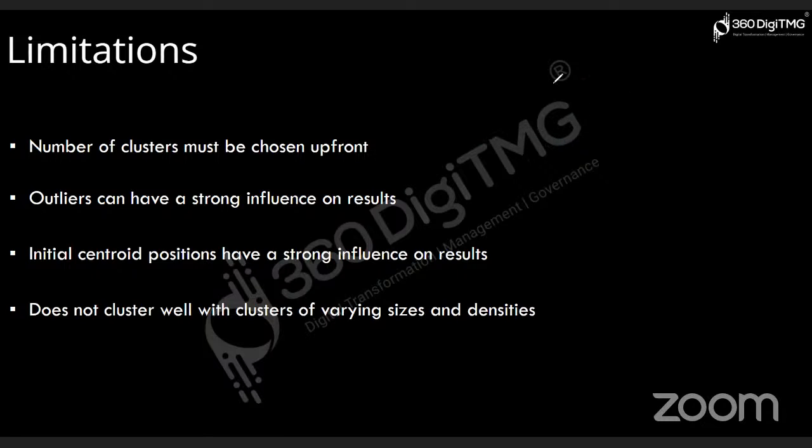Now, outliers can have a strong influence on the result. Outliers are discouraged. If we have outliers in our data set, it is better to treat them first, then go for clustering. Otherwise, we might get a result which might not conform with the data.